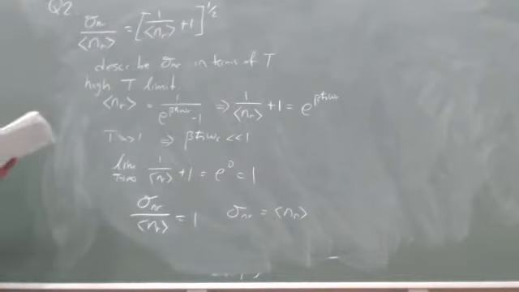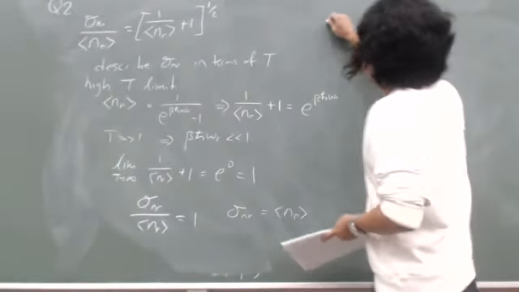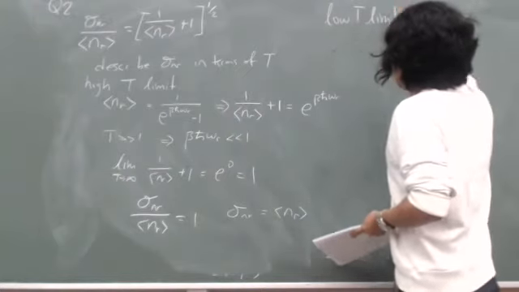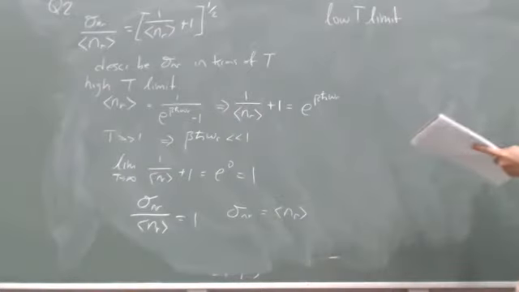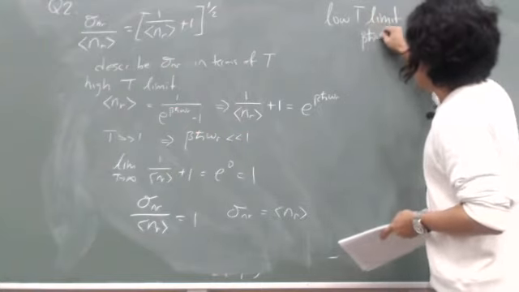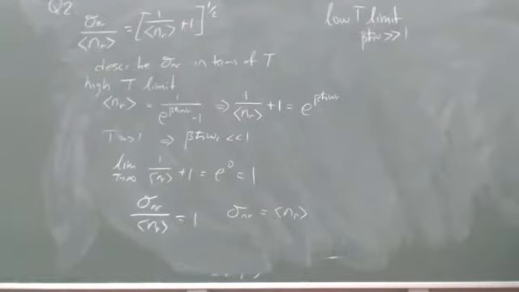Okay, and the other limit is the low temperature limit. At low temperature, you can think of beta h bar omega as very large, with beta being inverse temperature. As T goes to 0, beta h bar omega goes to infinity.